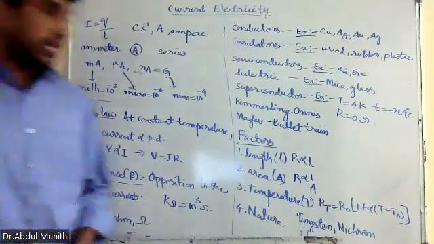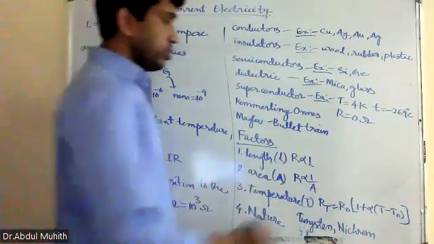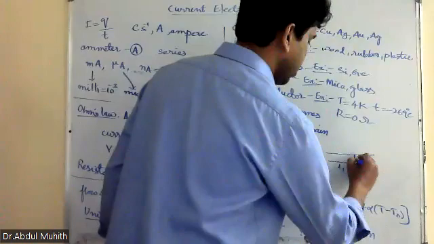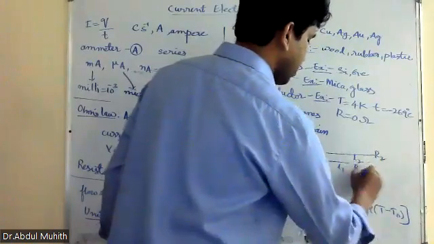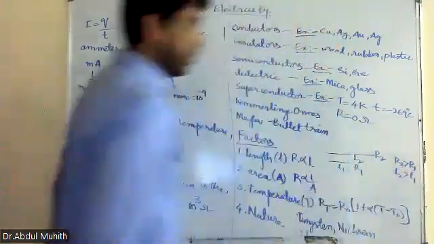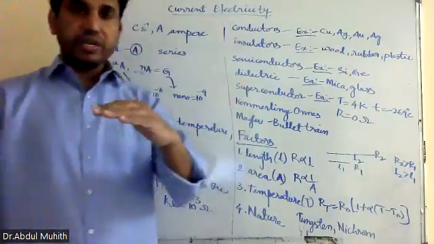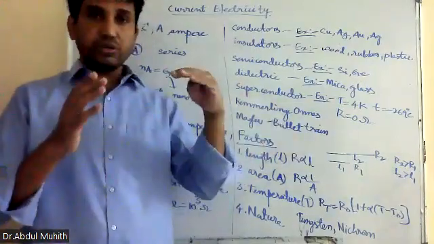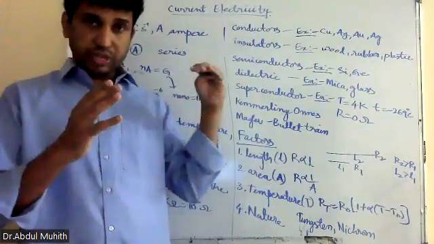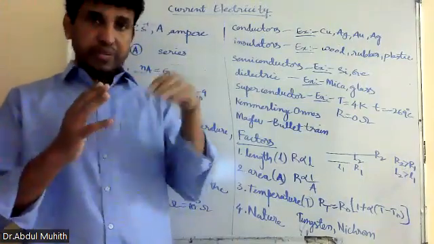Now, what is the reason why, when the length increases, resistance also increases? Suppose this is L1 and this is L2, with resistances R1 and R2. So R2 is greater than R1, and L2 is greater than L1. When the electrons are moving, as the length increases, they collide with the atoms which are present in their path.